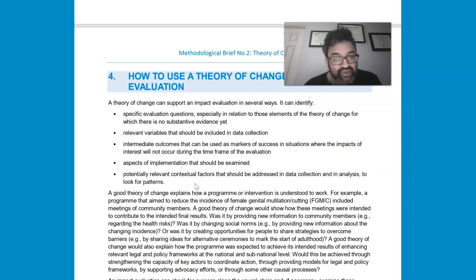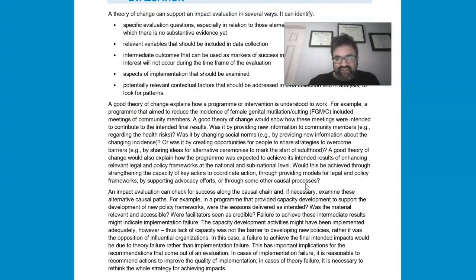Relevant variables that should be included in data collection, intermediate outcomes that can be used as markers of success in situations where the impacts of interest will not occur during the time frame, aspects of implementation that should be examined, and then potentially relevant contextual factors that should be addressed.